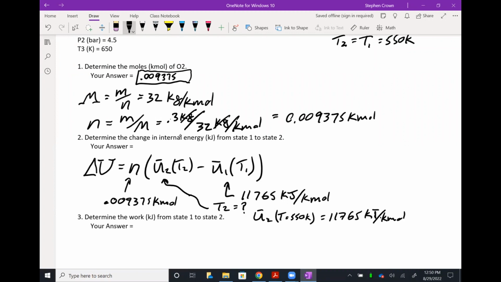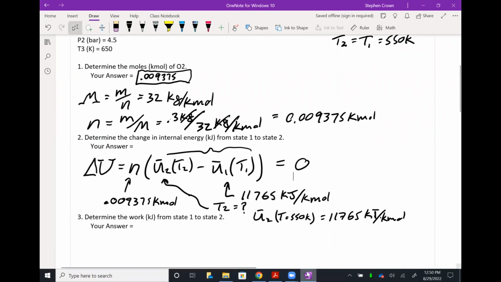So we've wasted a lot of time: we have a number minus the same number, times 0.009375. The second term will equal 0, since 0 times anything is still 0. So the change in internal energy from state 1 to state 2 is 0, because the internal energy is only a function of temperature for an ideal gas, and the temperature has not changed.